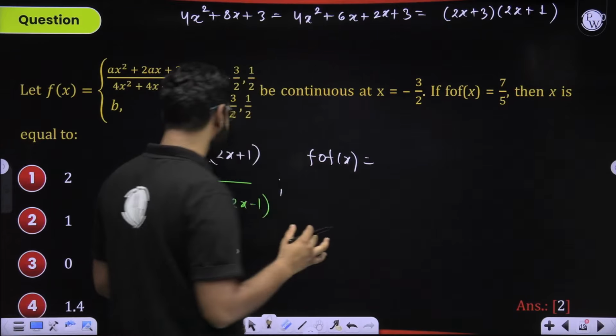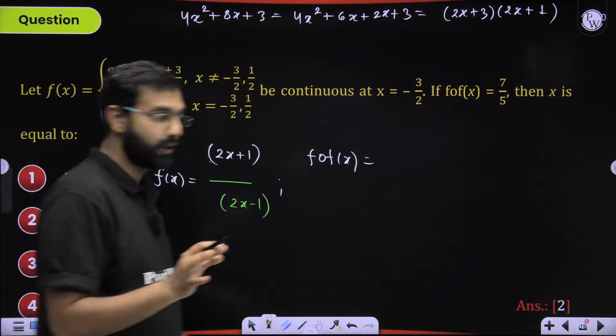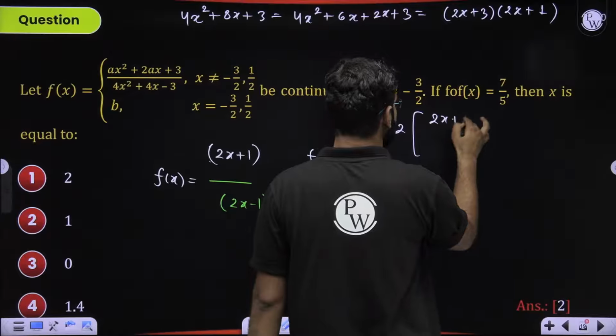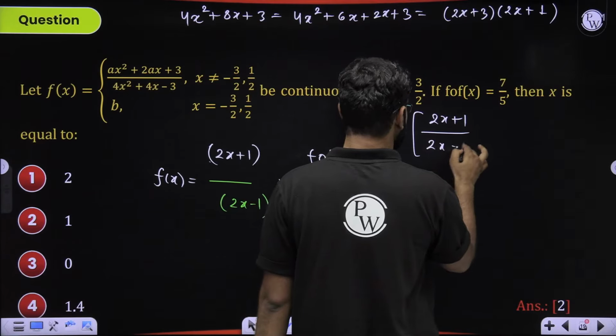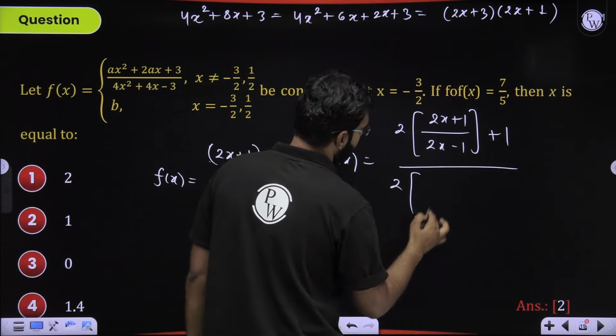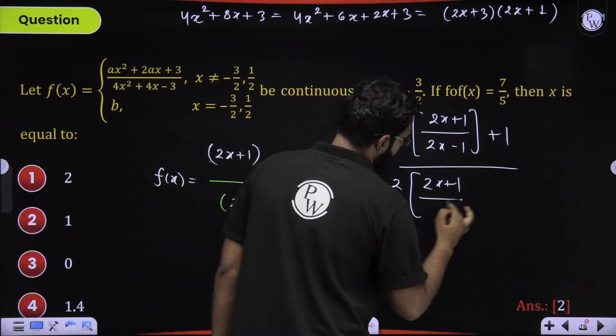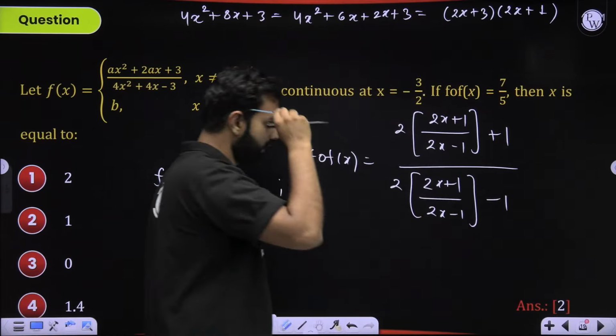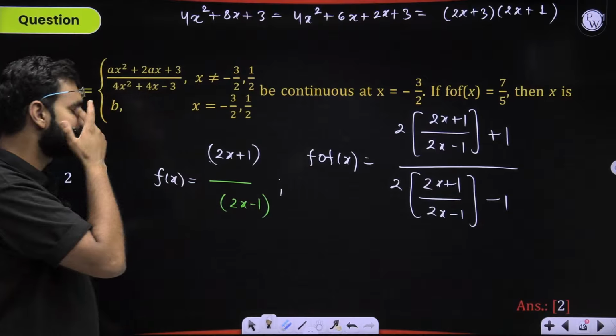It will be a little tricky in terms of calculation, but it is still doable. So it will be 2 times whole of 2x plus 1 upon 2x minus 1, plus 1, divided by 2 times 2x plus 1 upon 2x minus 1, minus 1. Correct me if I'm wrong in terms of calculation. So now this needs to be simplified.